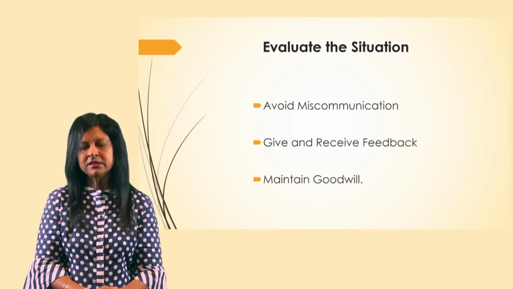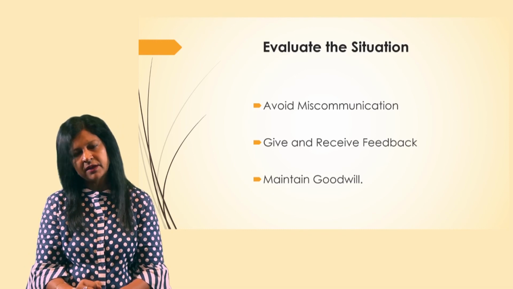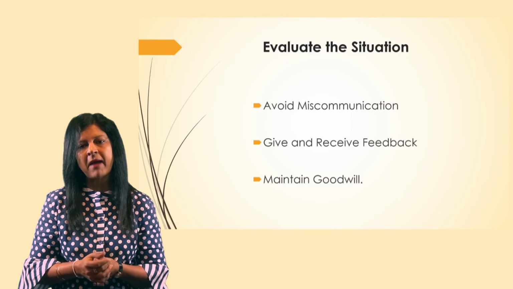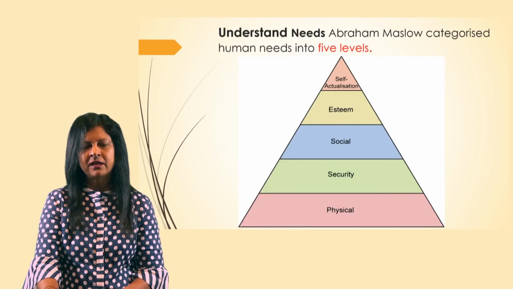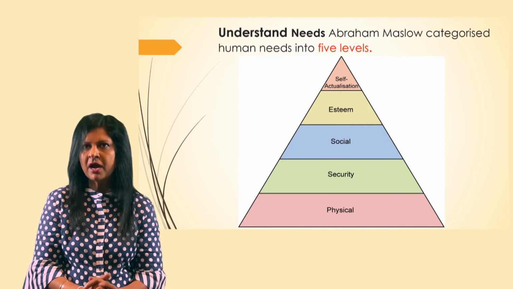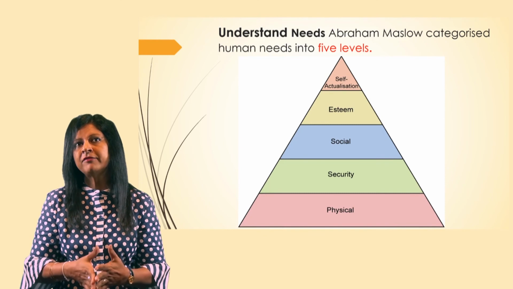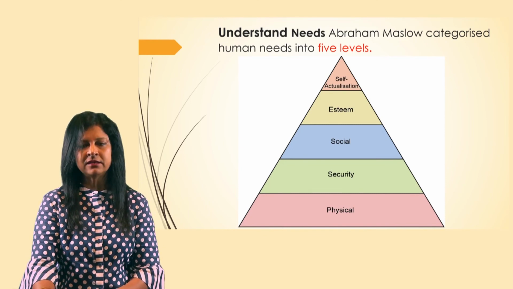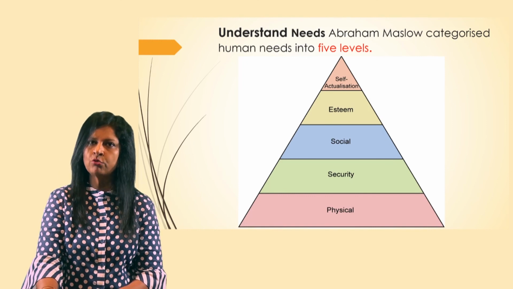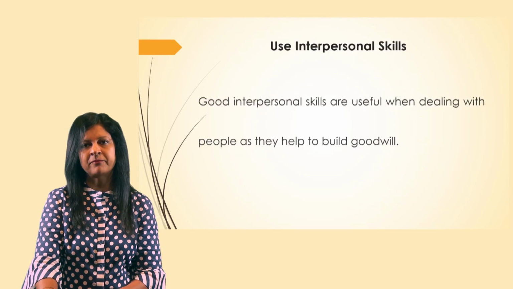And evaluate the situation, right? Avoid miscommunication. The other one is give and receive feedback, and also maintain goodwill. According to Abraham Maslow's categories, human needs have 5 levels. The first one is the physical, then the security, then the social, then the esteem and self-actualization.